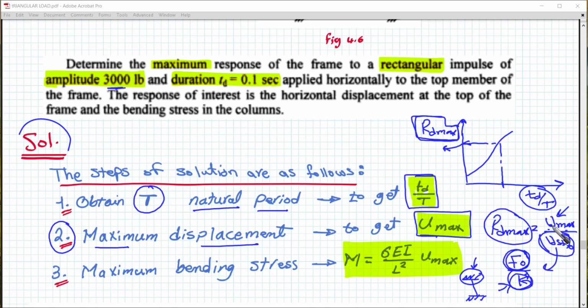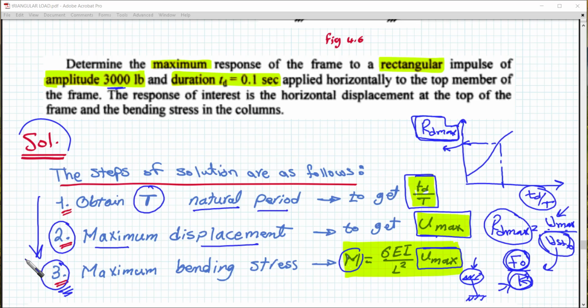Then, after obtaining the maximum displacement, we can obtain the maximum bending stress, in step number 3. The maximum bending moment is M equals 6EI over L squared times the maximum displacement, U maximum. This is the flow of the solution.